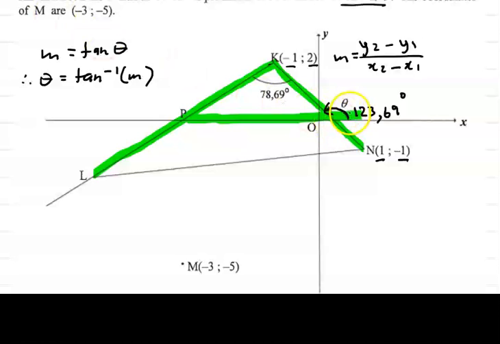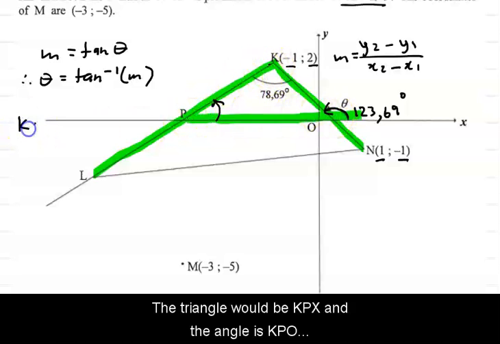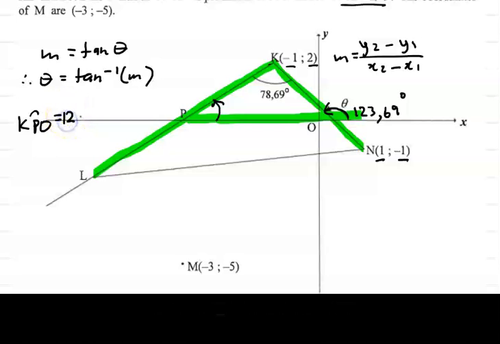And what do we know about an exterior angle of a triangle? An exterior angle is equal to the sum of the interior opposite angles. So therefore, KPO, and just write it here, KPO will equal theta, which is 123.69 degrees, minus this angle here, which is 78.69 degrees.